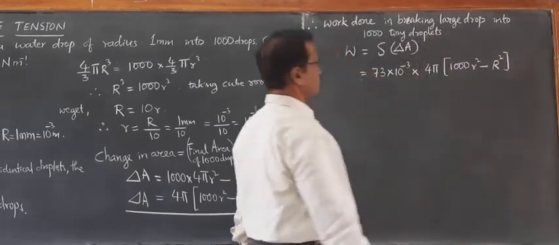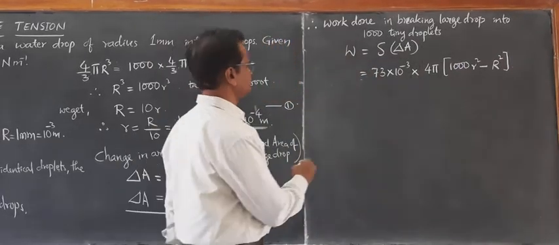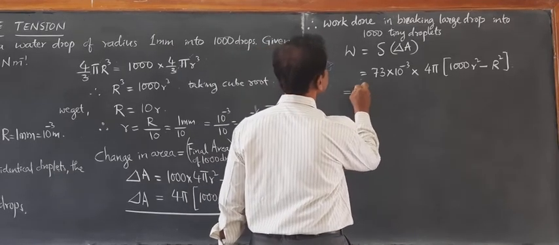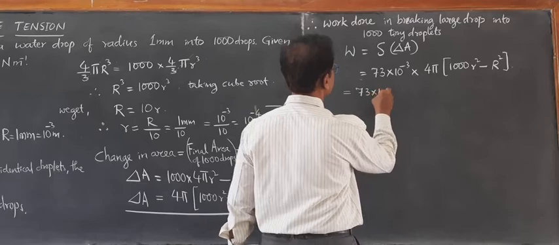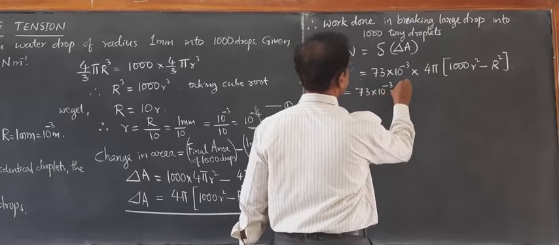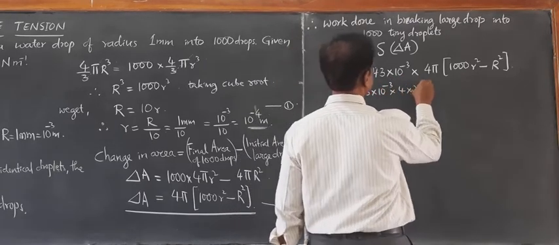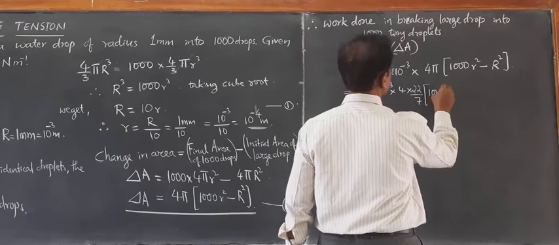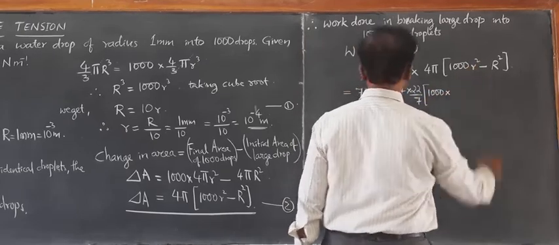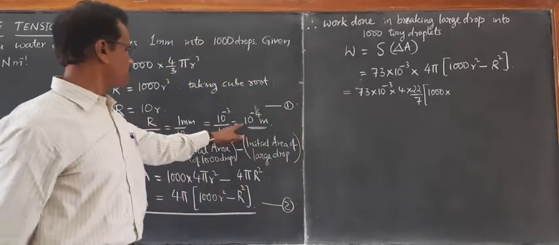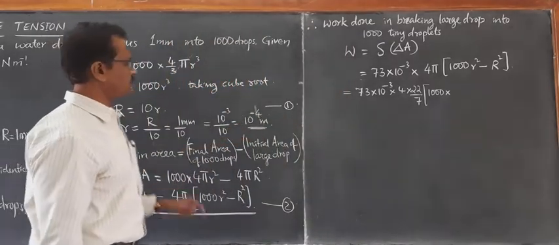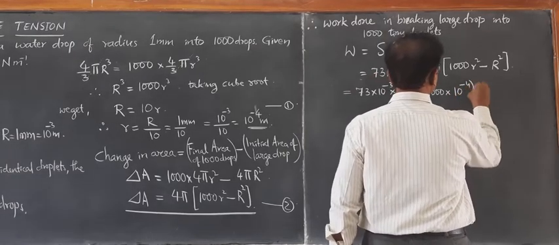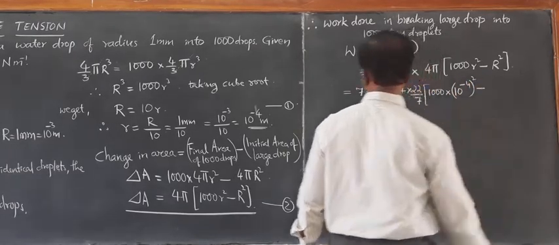Now you can substitute the values and simplify. You will get the result. 73 into 10 to the power of minus 3 into 4 into 22 by 7 into 1000 into r square. r is 10 raised to minus 4, so (10 raised to minus 4) square, minus capital R square.